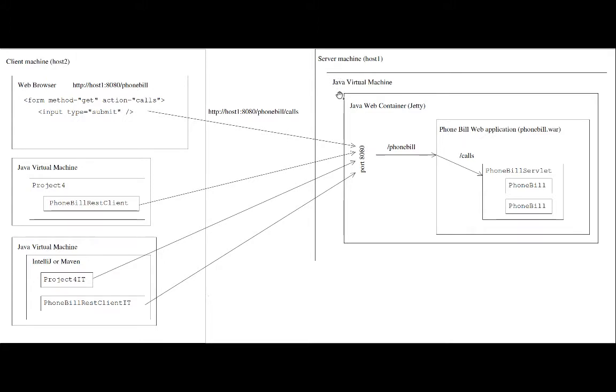All Java web applications run inside a Java virtual machine and are hosted in something called a Java web container. And a web container is a piece of software that implements all the guts, all the internals of a web application, mainly the stuff that's common across all web applications.